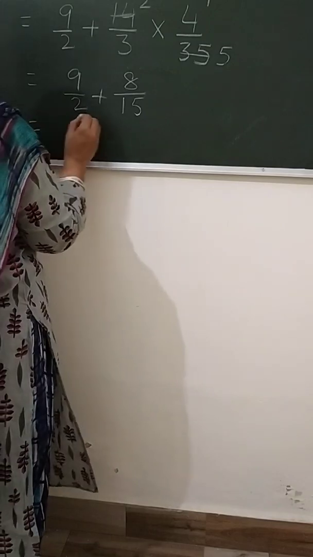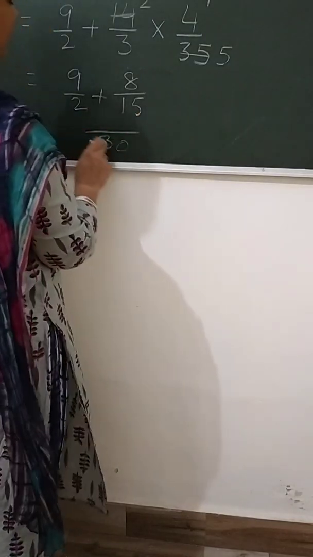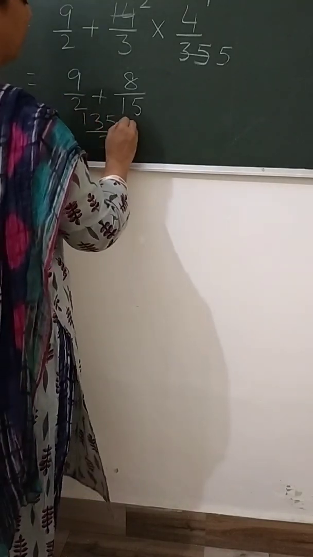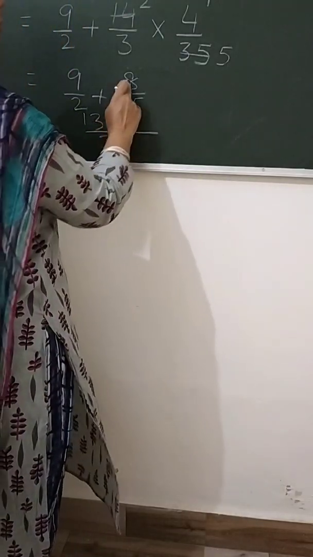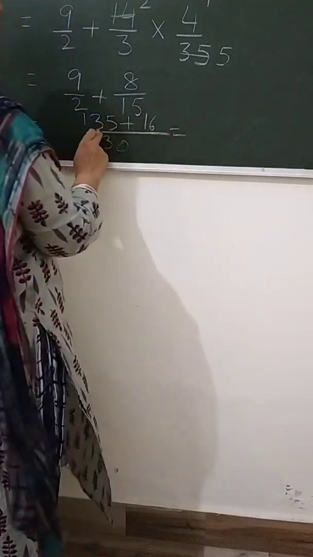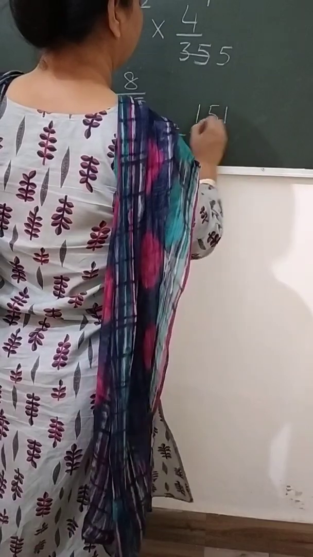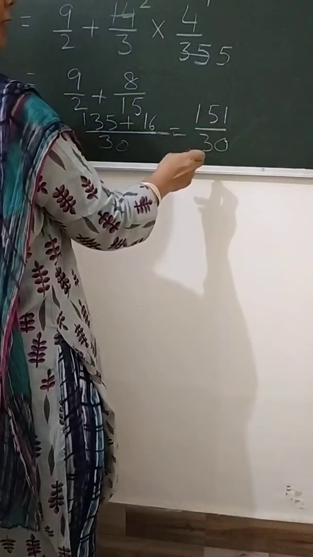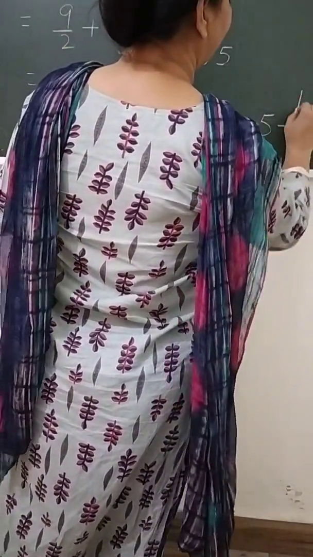So this is LCM of 2 and 15 is 30. 30 divided by 2 is 15, 15 9s are 135 plus 30 divided by 15 is 2, 2 8s are 16. So we get 135 plus 16, this is 151 by 30. If we divide this 151 by 30, we get the answer 5 1 by 30.